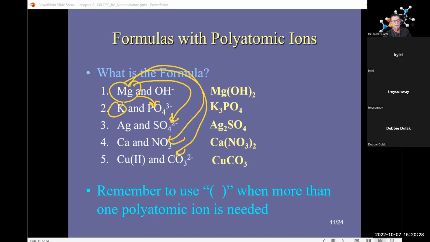Same with potassium hydroxide, potassium sulfate, potassium nitrate, potassium carbonate, silver hydroxide, silver phosphate, silver nitrate, etc. So you can mix and match the cations and the anions. Just make sure when you put them together that you put them together with the correct number of each, so they balance out to a net zero.